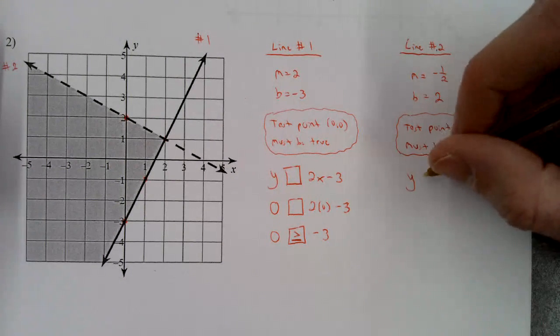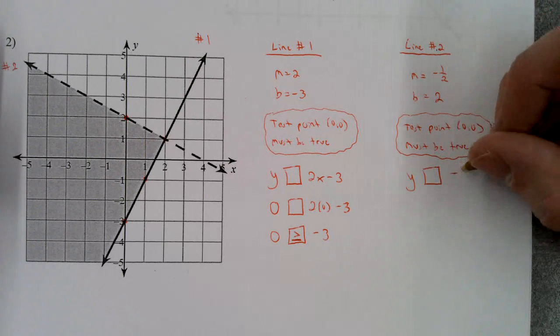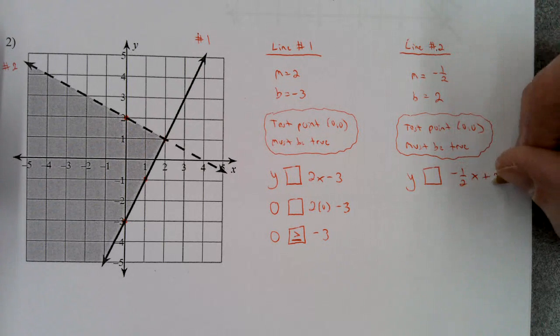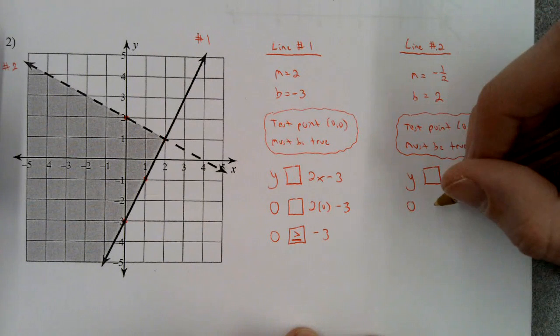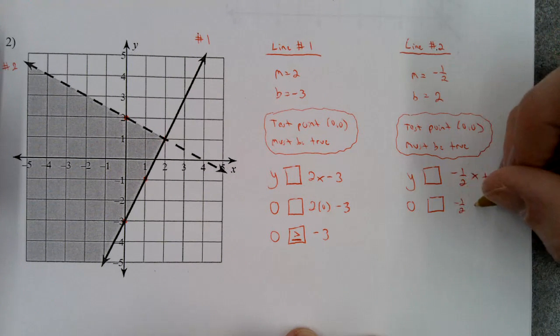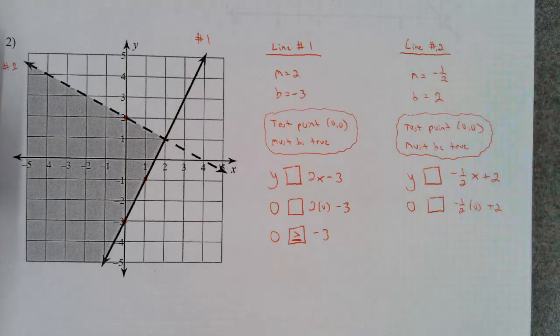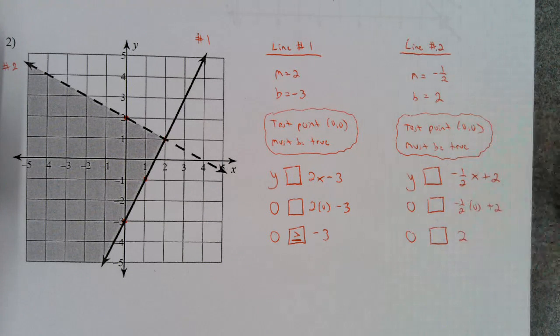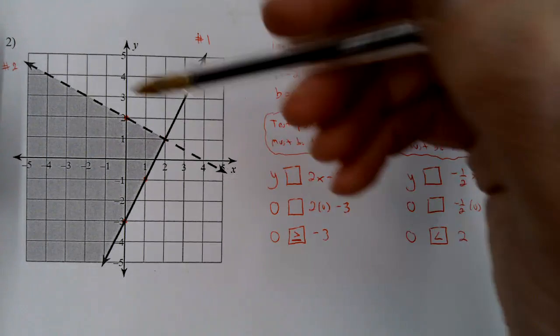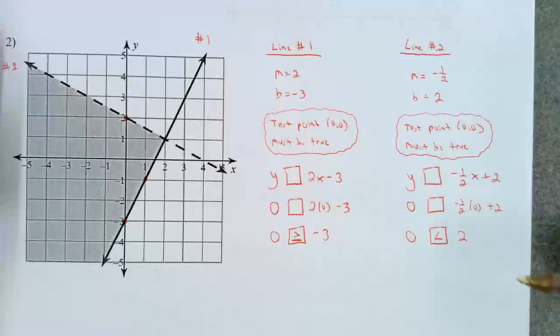Y, we don't know the inequality symbol yet, -1/2 x plus 2 because it's mx plus b. Let's replace 0 for y and 0 for x. So 0 being compared with 2, and it's less than. The quick way is since you're shading below line number 2, it's less than.